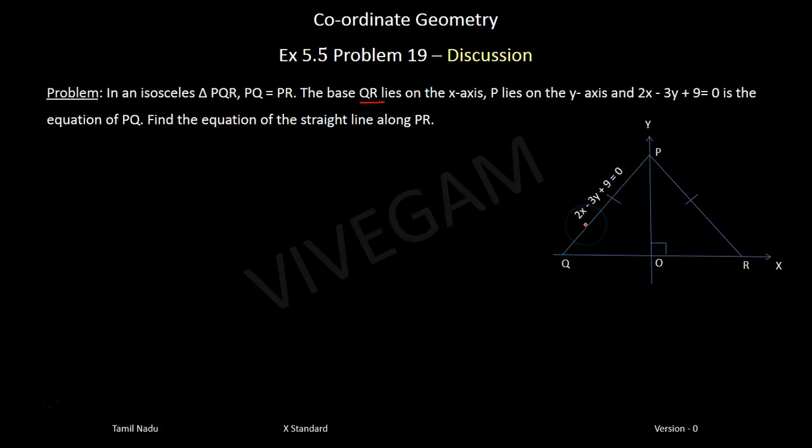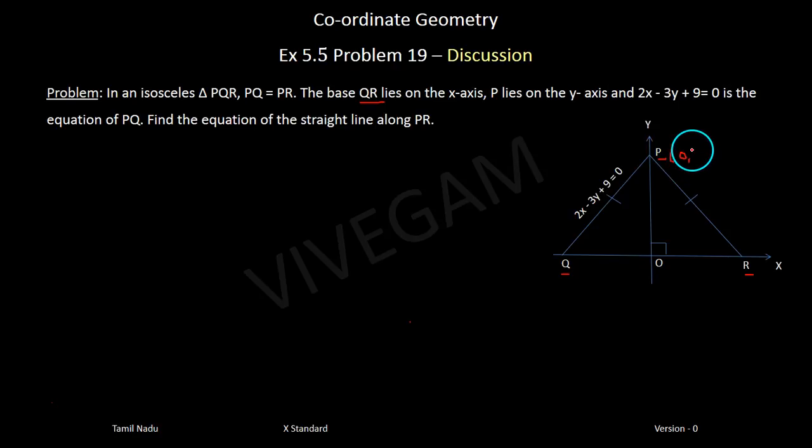and write the equation of the straight line on PQ. You got it? The key hints are given here. The point P is on the y-axis and QR is on the x-axis, which means points Q and R are on the x-axis. When the point P is on the y-axis, the coordinates of that are 0, comma, y.